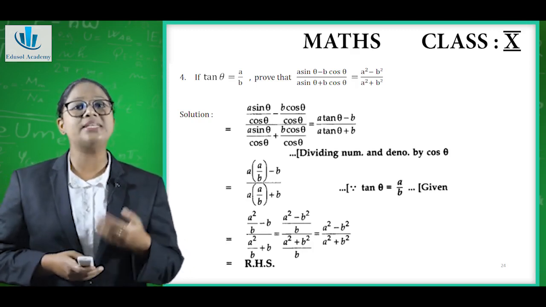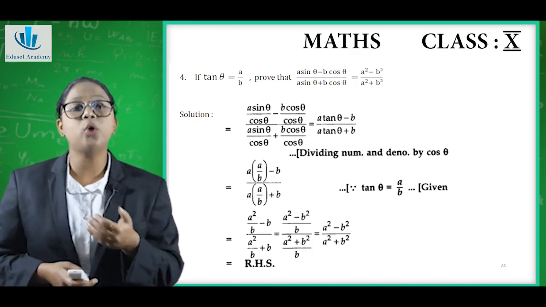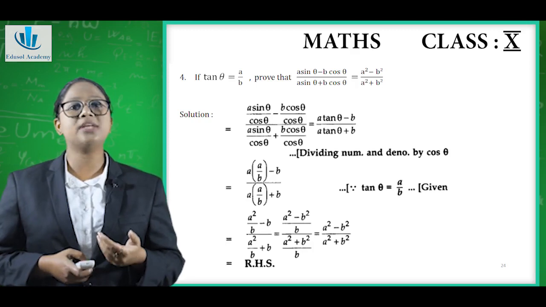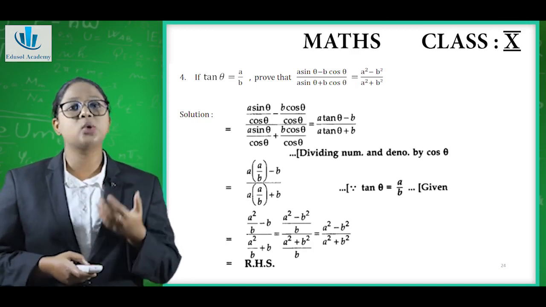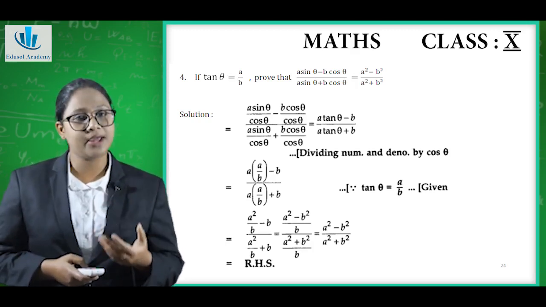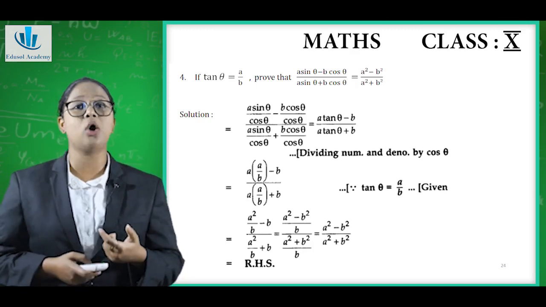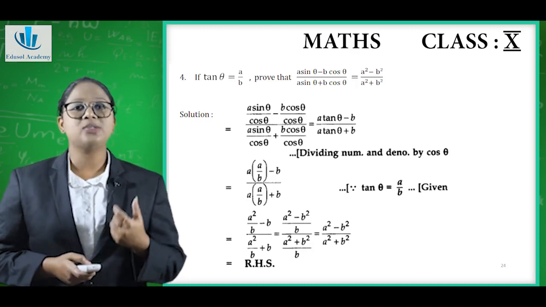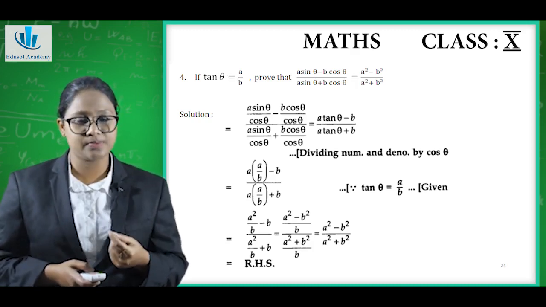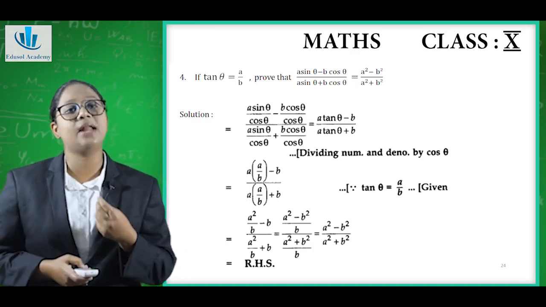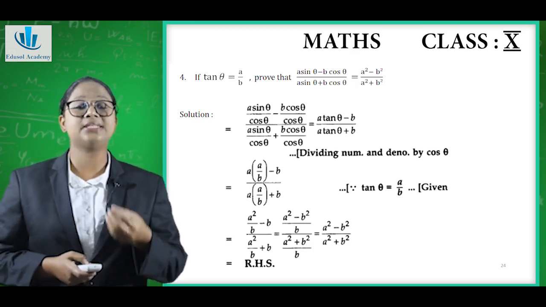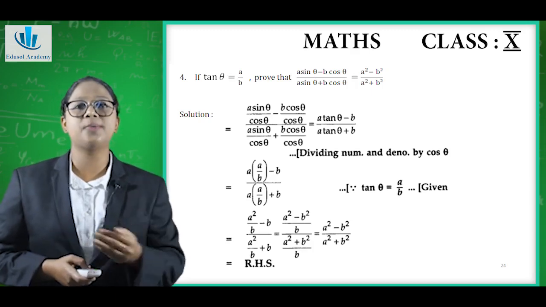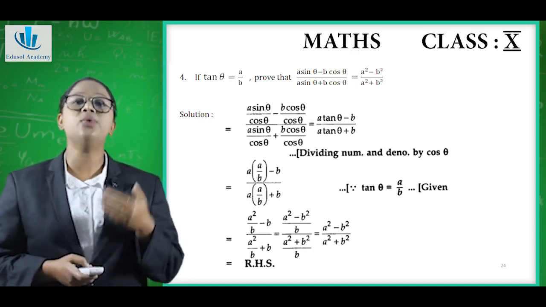So all we can do is divide both the numerator and denominator by cos θ, so as to cancel at least one of them. So the expression will be (a sin/cos − b cos/cos) divided by (a sin/cos + b cos/cos). So it will be (a tan θ − b)/(a tan θ + b). Now we are given that tan θ is equal to a/b. Simply substitute and prove that the LHS is equal to the RHS.